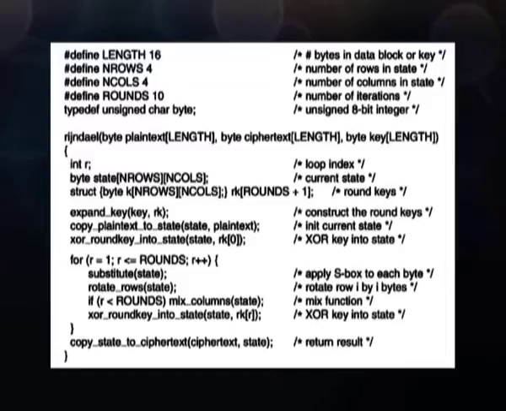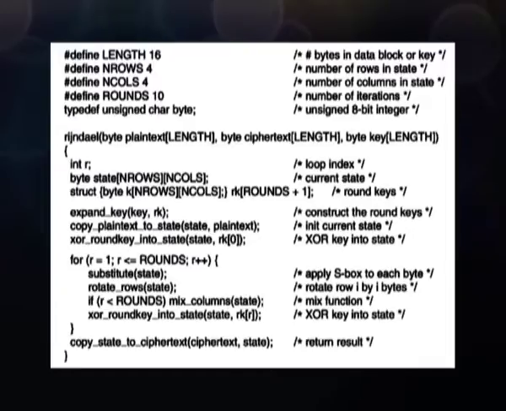The contents of each round consist of 4 steps. Step 1 does a byte for byte substitution on state. Each byte in turn is used as an index into an S box to replace its value by the contents of that S box entry.